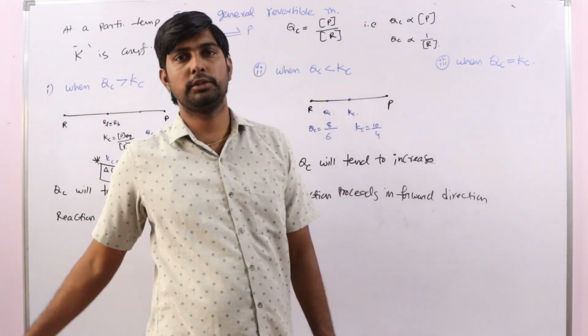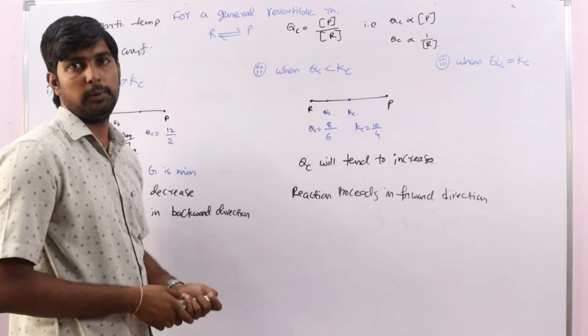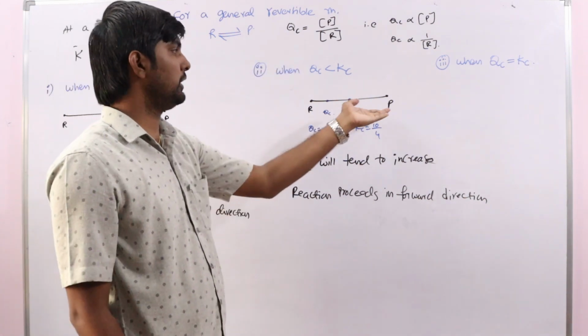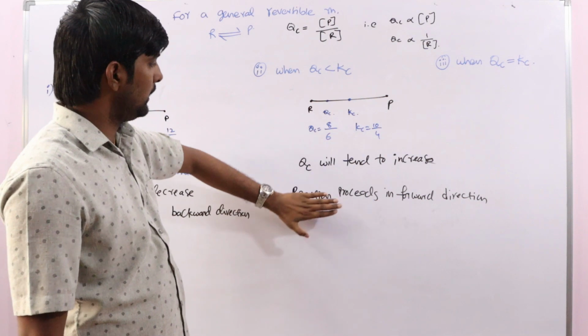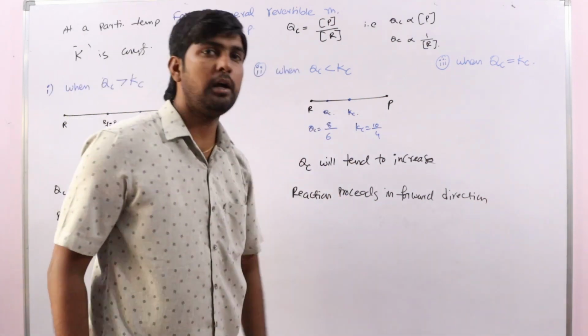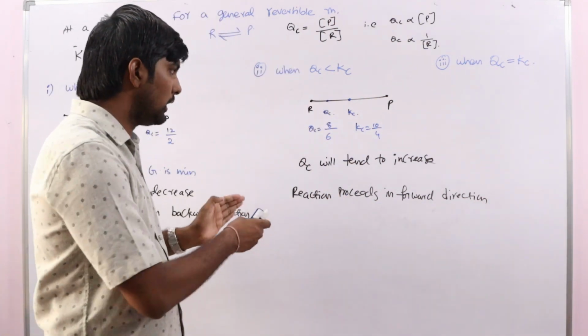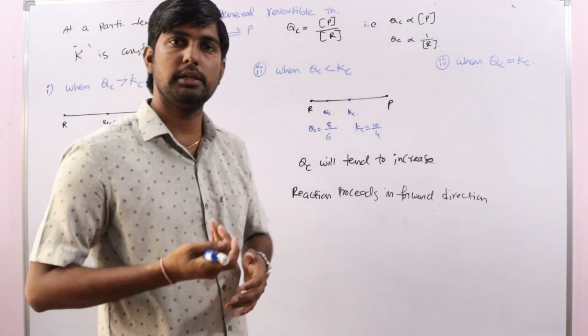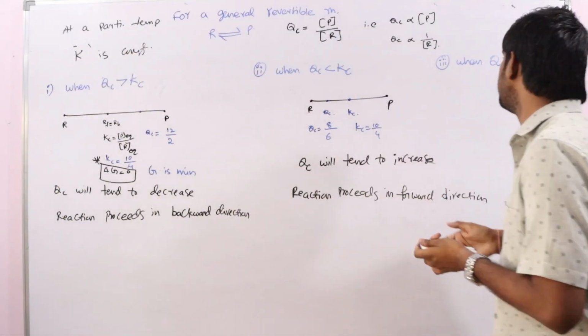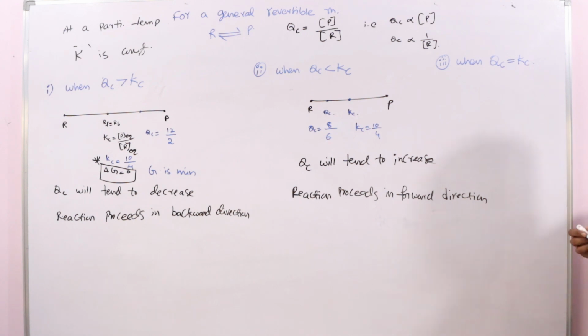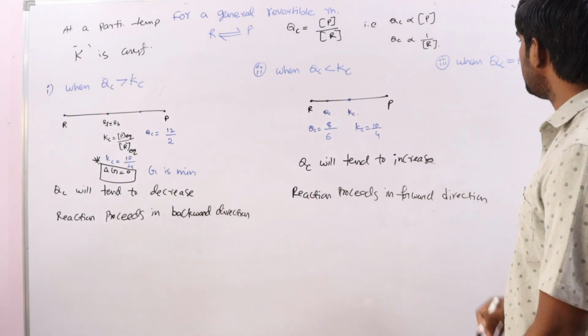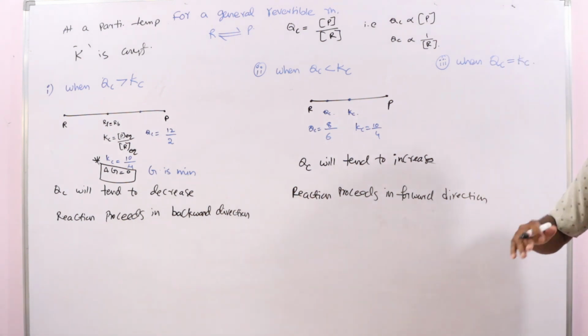Same concept, this is the most stable state, so that's why it will try to reach this more stable state by increasing its value. How does its value increase? By increasing product concentration. So that's why the reaction proceeds in the forward direction. Okay, so understand the concept, then this is an easy concept. Next, when QC is equal to Kc, is there any change?